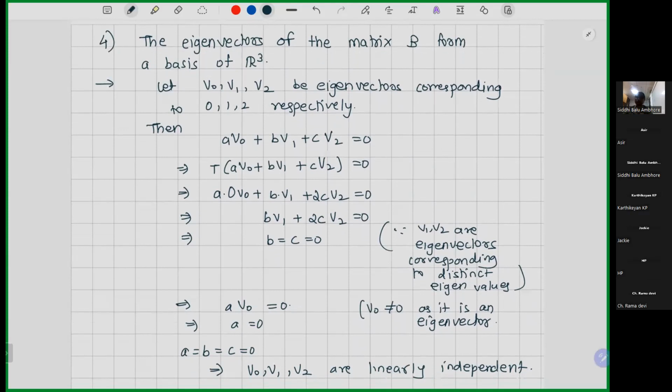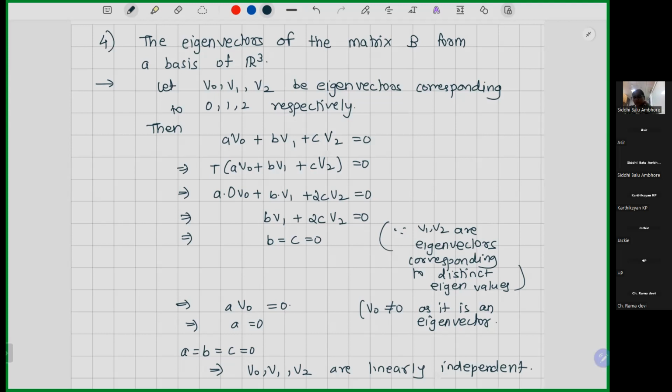So if I have a 5 cross 5 matrix, for example, we had earlier a 2 cross 2 matrix, and we saw that it did not have any eigenvalue. So it did not have any eigenvector. So in that case, eigenvectors need not form a basis.